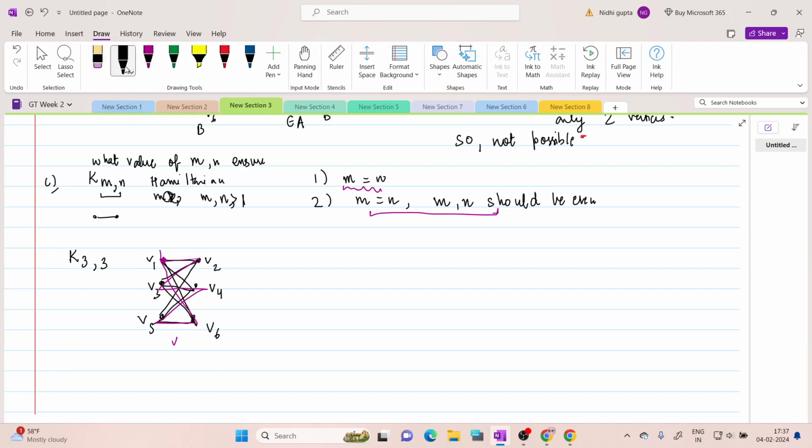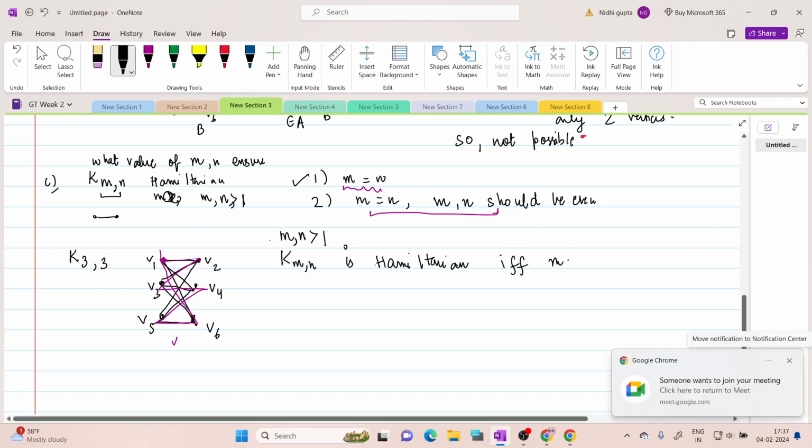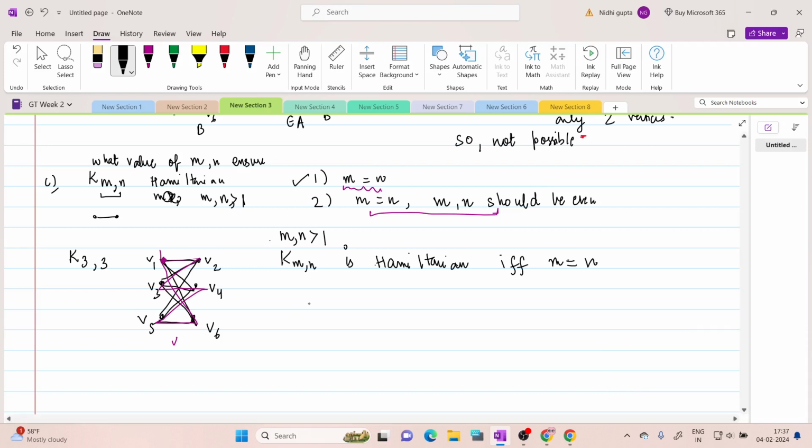So how can we ensure a cycle? I'm saying that the first answer is correct: K(M,N) is Hamiltonian if and only if M is equal to N, assuming M, N greater than 1. How? If M equals N, I'll take my first bipartition as V1 to Vn and the second partition as W1 to Wn, and I can consider the cycle V1 W1, V2 W2, up to Vn Wn, and back to V1.